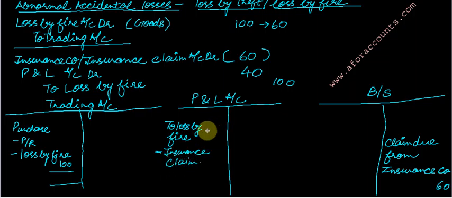So my loss by fire is 100, but the insurance claim admitted by the company is 60. So my net loss is 40. Okay, this is how it has to be treated. It's all about your accidental losses.